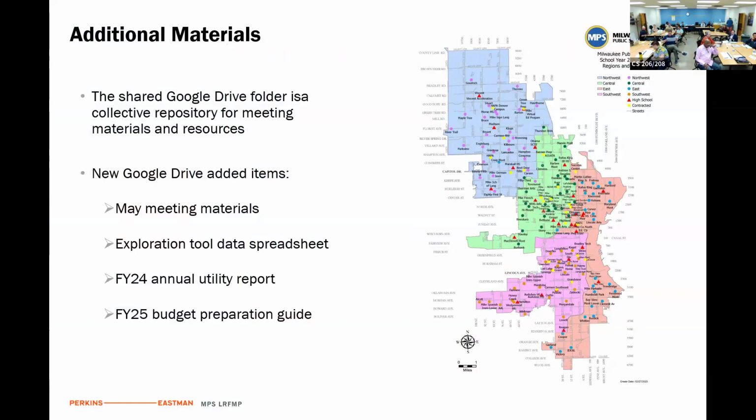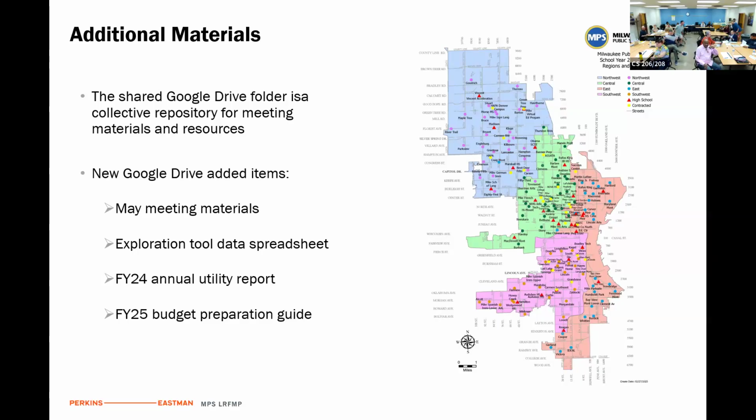What this does is give you all that information in one place. We have also added the Google Sheets version to the Google Drive so that if you want to filter, manipulate, or search by school type, region, or construction year, which is one that's on there, you can do so. We've also added the annual utility report if you'd like to see which buildings are consuming more energy than others. Definitely another valuable metric to take into consideration.